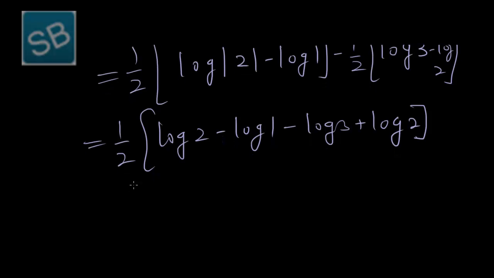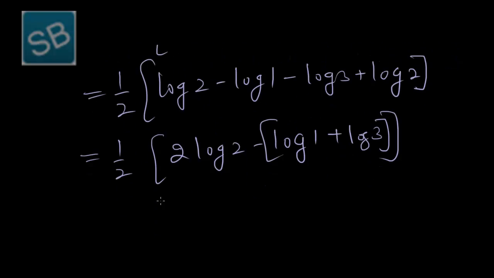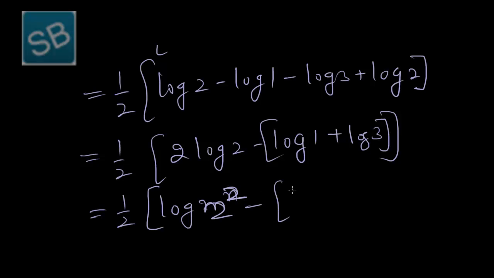So we get half, 2 times log 2 minus log 1 plus log 3. So here we get half log of 2 raised to power 2 minus log of 1 into 3.